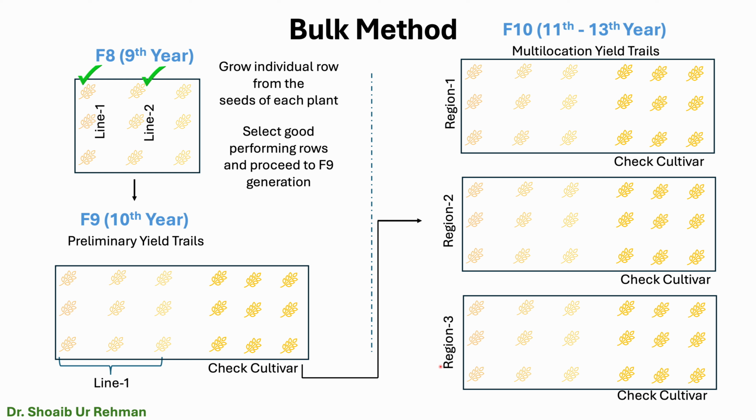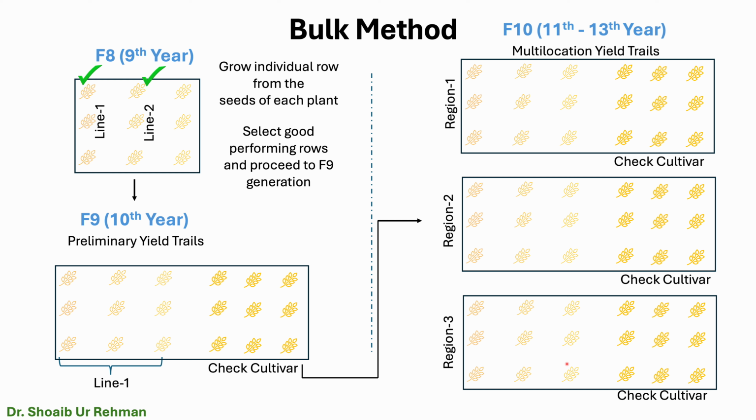So we should compete our newly bred wheat lines with Peer Sabak 2013 and Peer Sabak 2015, and so on. If our newly bred line performs better in all the regions, in this way we can recommend that the variety has a natural ability to perform better in different regions, so we can release that variety in all those regions.